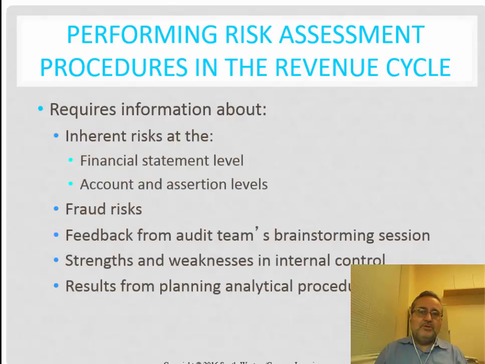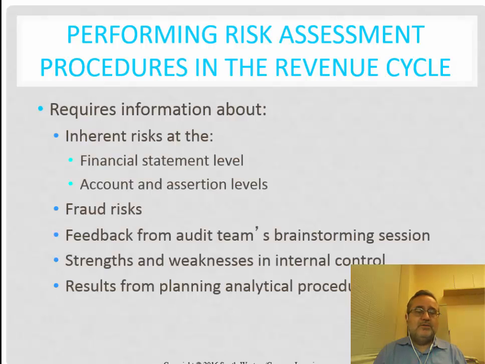So the first thing that we want to do is assess the inherent risk. Now, recall the audit risk model. Audit risk, and keep in mind that audit risk is the risk that the auditor is issuing an unqualified opinion when in fact there are material misstatements.